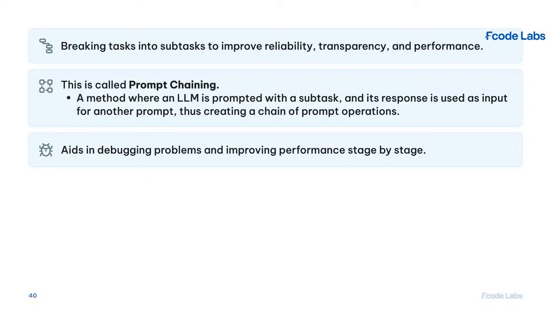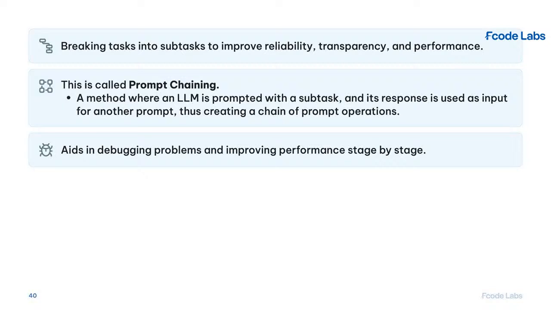So breaking down tasks into smaller tasks improves readability, reliability, and transparency because we know what's happening inside. In the COT examples, we don't know what's happening. The LLM comes up with all the steps and we don't have control. Now we know what's happening because we decide the steps, and the performance is going to be good.